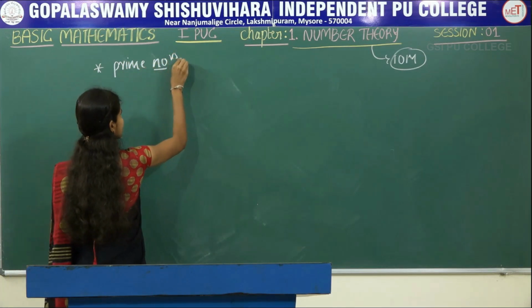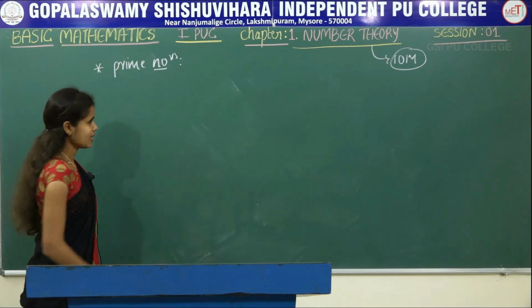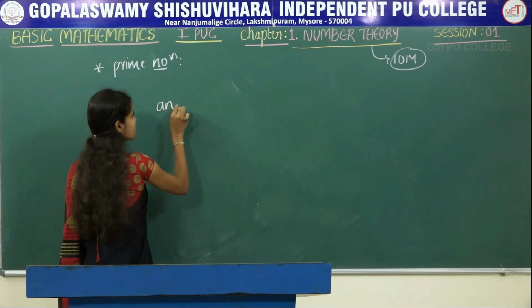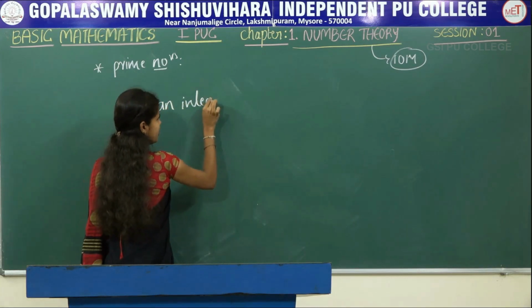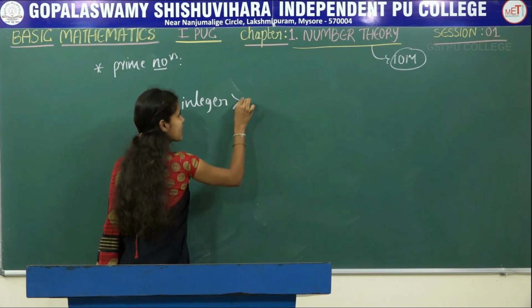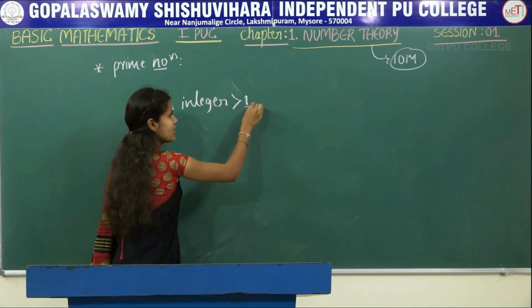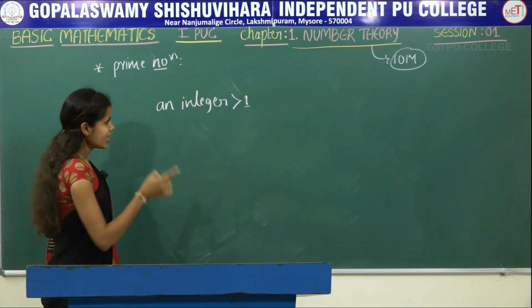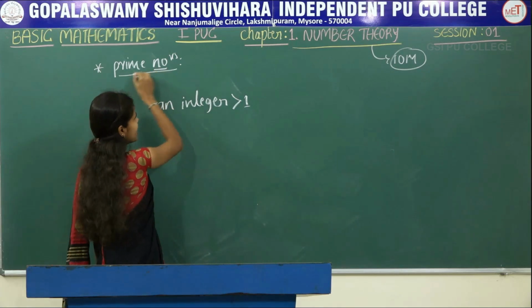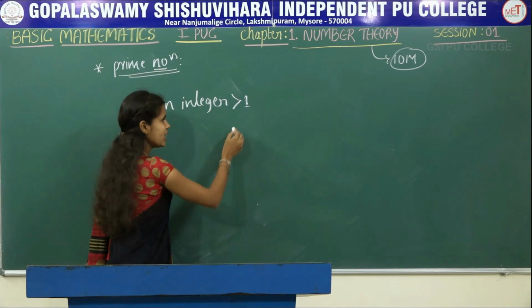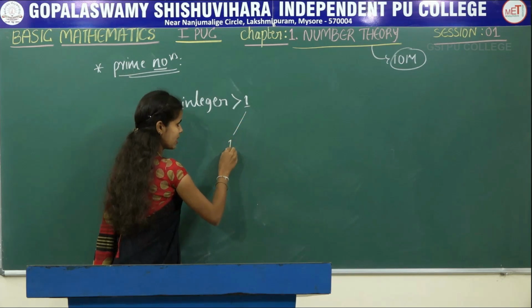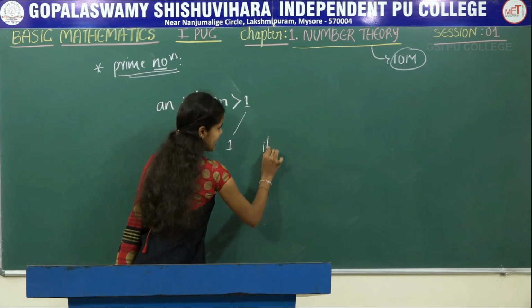Prime numbers. An integer greater than 1 is said to be a prime number if it has only two divisors, that is 1 and itself.